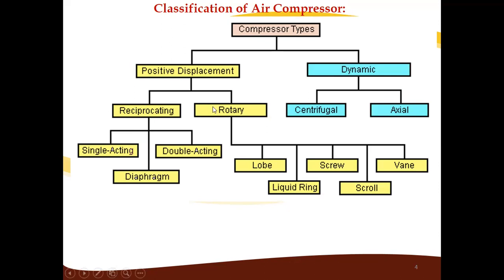And the rotary compressors are classified into lobe rotary compressor, liquid ring type rotary compressor, screw rotary compressor, scroll rotary compressor, and vane rotary compressor. So these are the classifications based on different criteria. It may be a positive displacement type of compressor or a dynamic type of compressor.